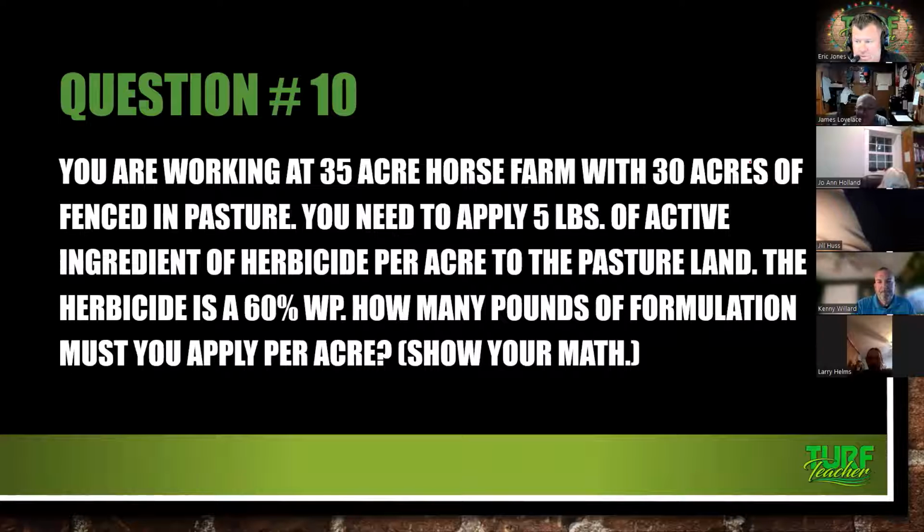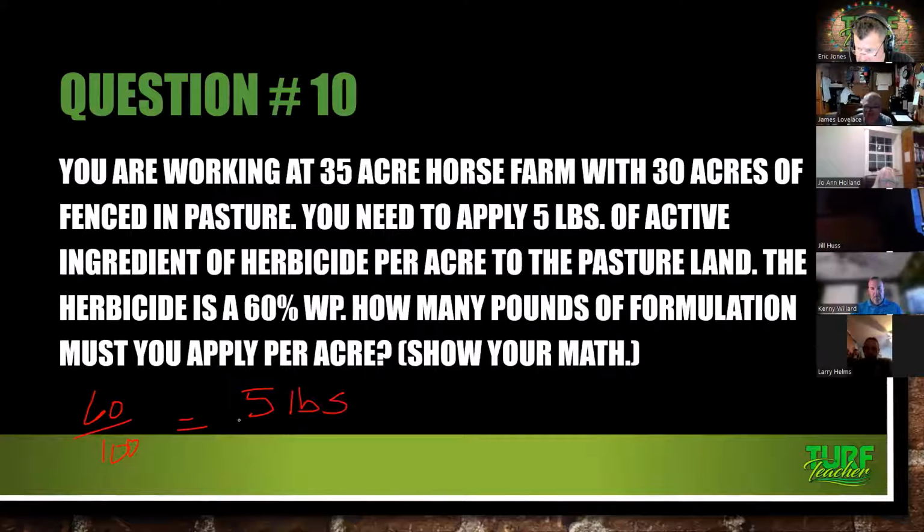The herbicide is a 60% wettable powder. How many pounds of formulation must you apply to the acre? Very easy to do. It's 60% wettable powder, so we got 60 over 100. In decimal form that equals 0.6.